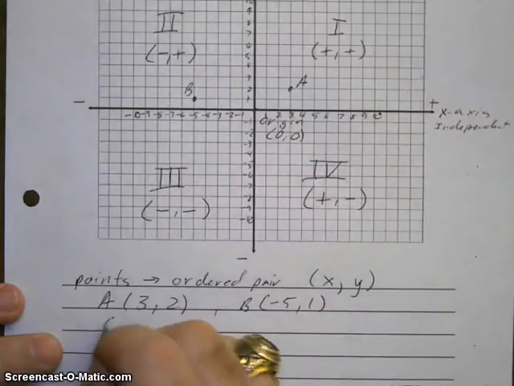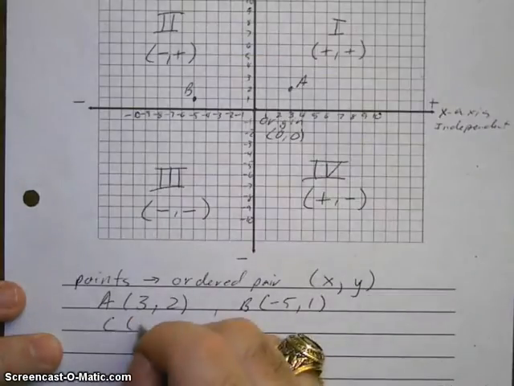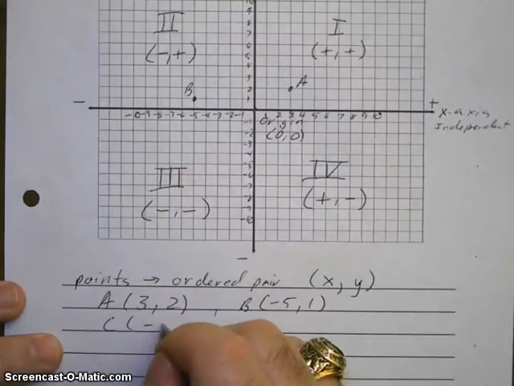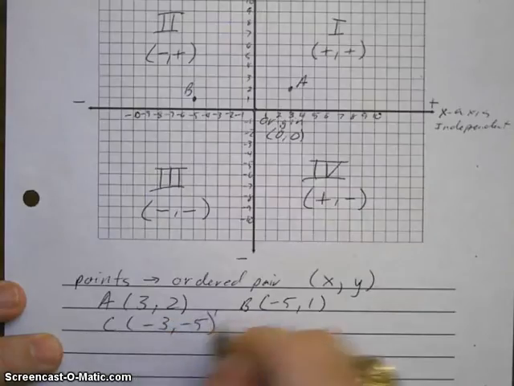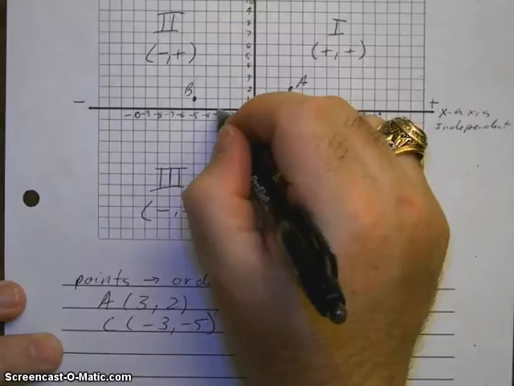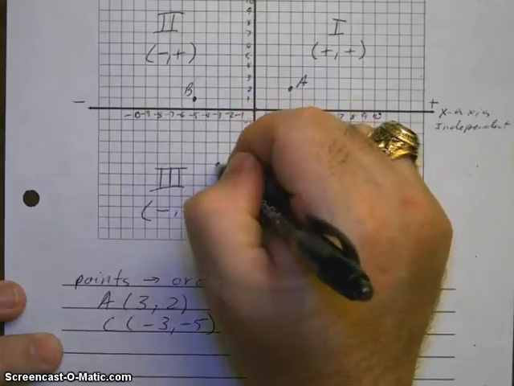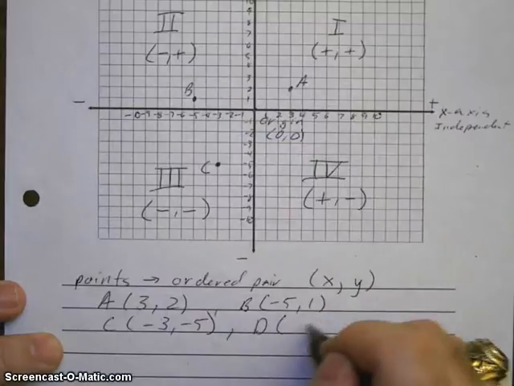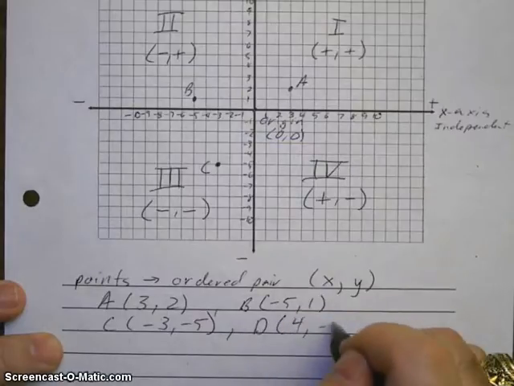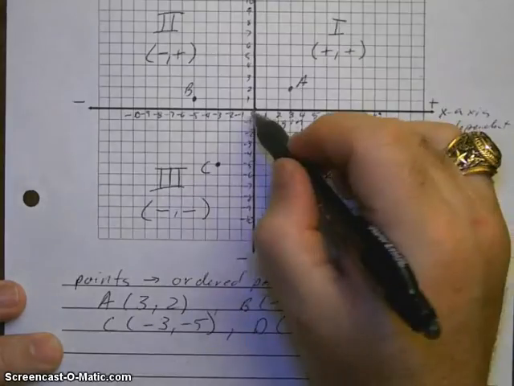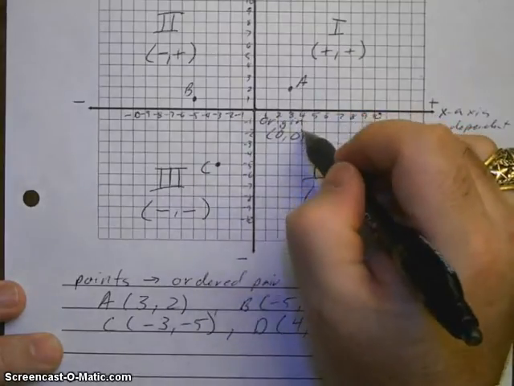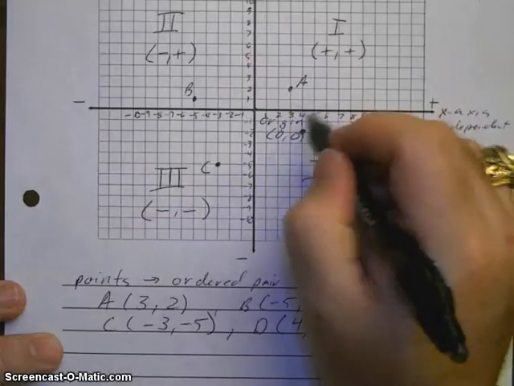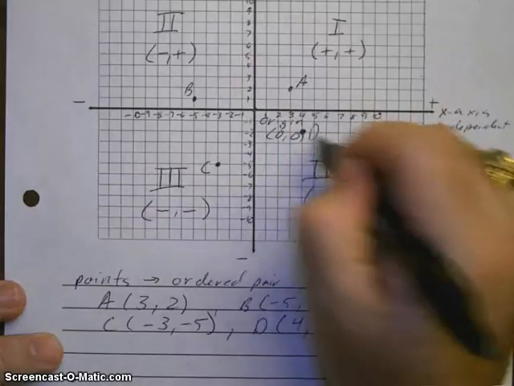If I said C was negative 3, negative 5, then I'm going to go negative 3 for x and negative 5 for y. So there's point C. If I said D was the point 4, negative 2, then I'd go positive 4 for x and 2 negative for y. So that point right there is point D.